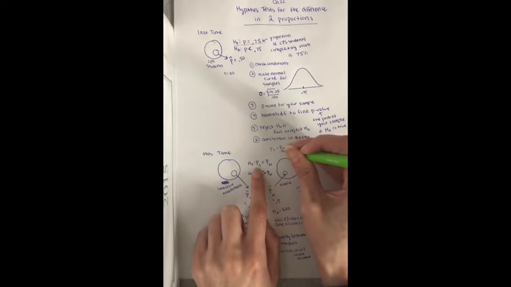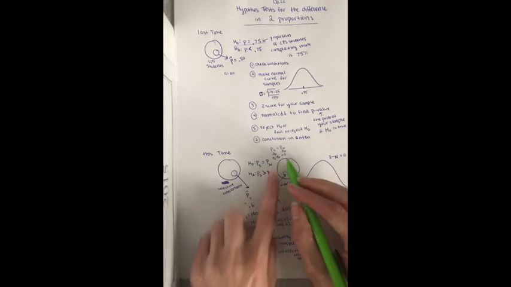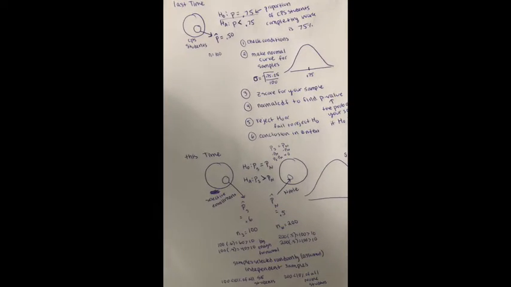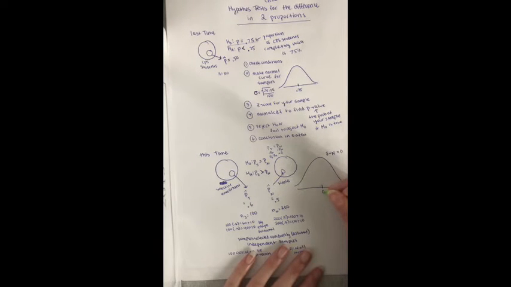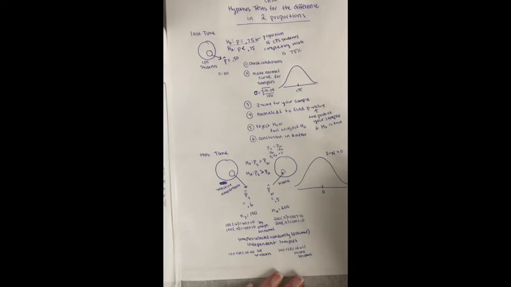If you subtract, these become 0. And so really what we see in our hypotheses is that it's equal to 0. I don't know if you can see that. Okay, so really in the center of our curve, we're expecting there to be no difference. So this is the curve of all of the differences.